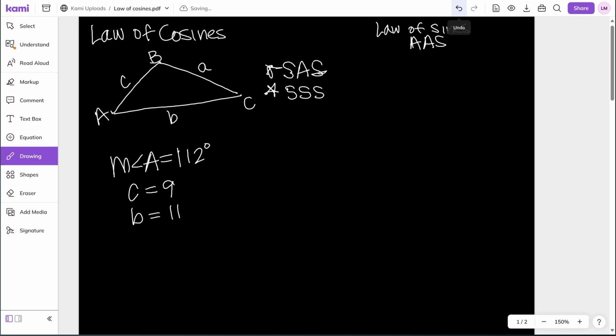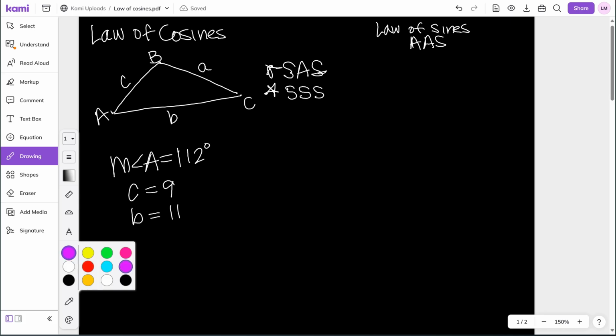So when I look at my triangle, let's just mark what's given here. I'm given angle A is 112. I'm given side C is 9 and side B is 11. So do you see that we have side, angle, side? So two sides and the angle between them. That's law of cosines. So what is law of cosines?